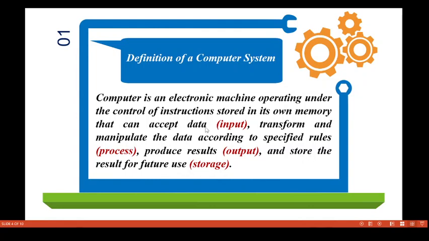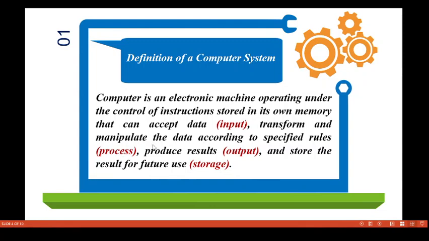So from this definition you can find out that there are 4 keywords while defining a computer system. Number 1 is input. When you input data into a computer system, your computer will accept that data, and once you input the data, the computer will process the data before it brings it out.